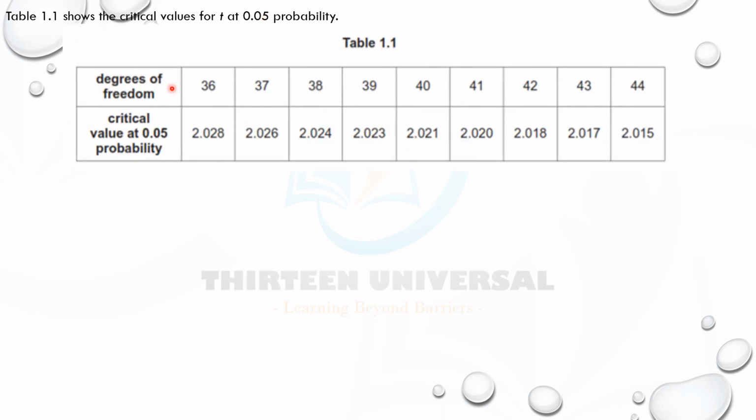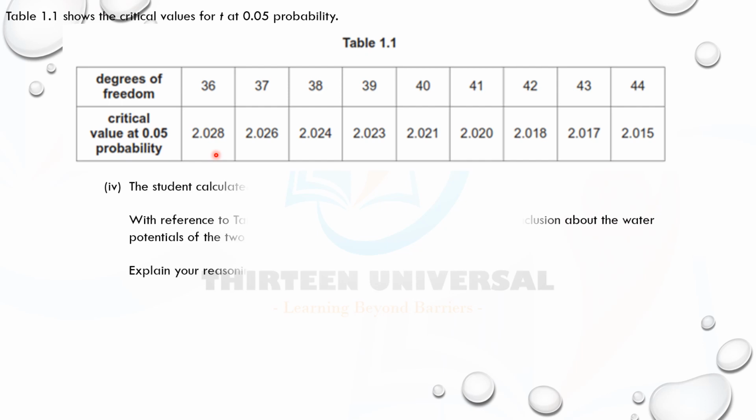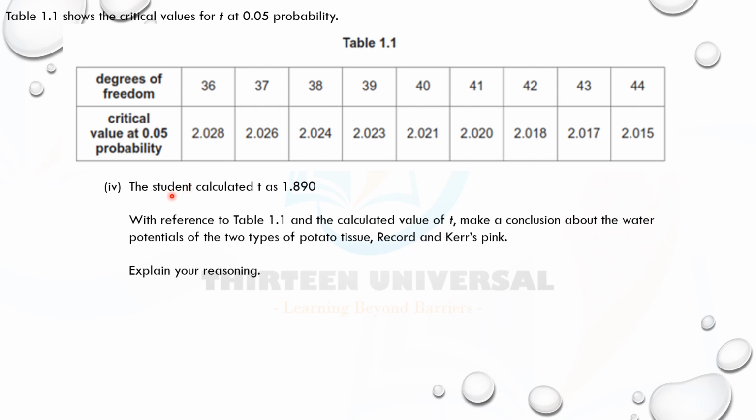Table 1.1 shows the critical values of t at 0.05 probability. This is critical probability. That's a table: degrees of freedom, critical values at 0.01 probability. Now the student calculated t, so this is our calculated value for t.